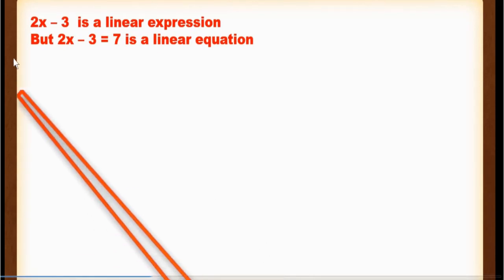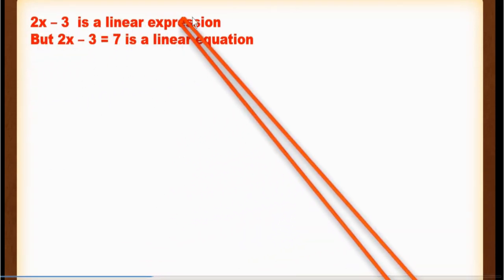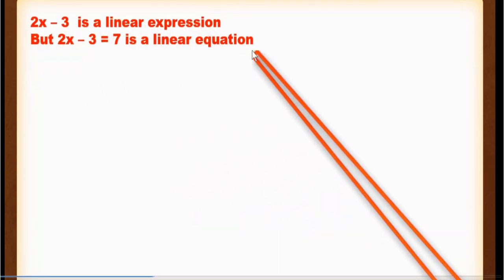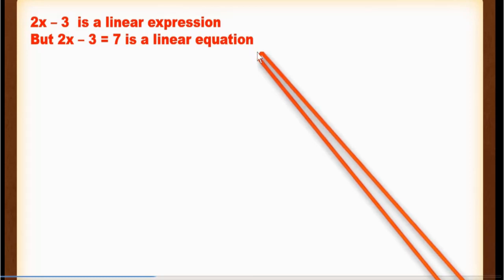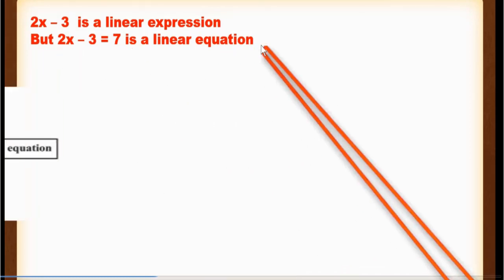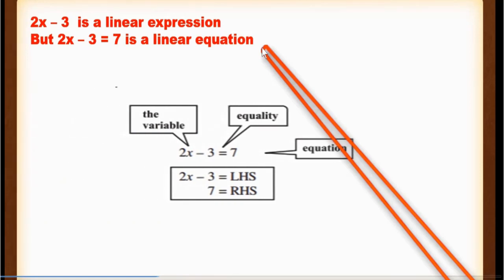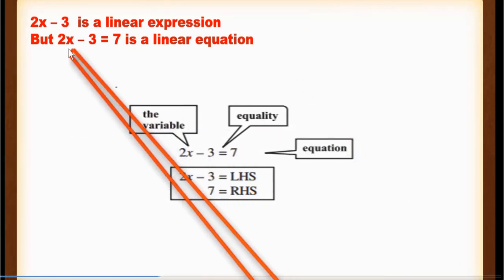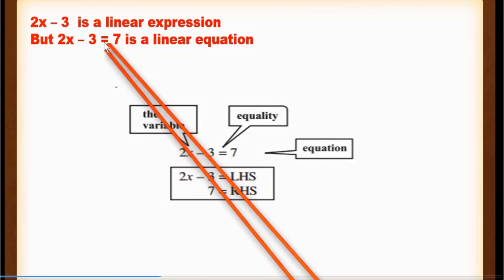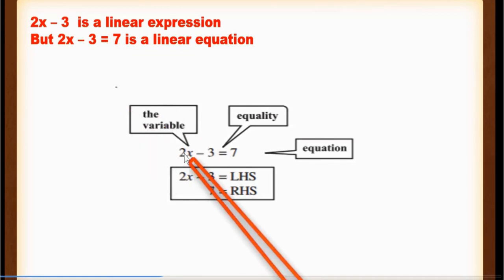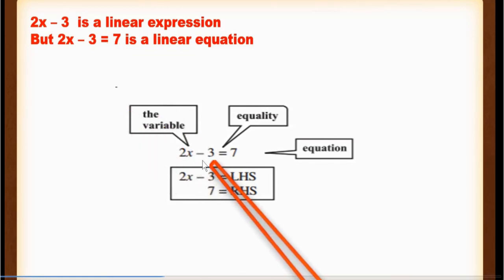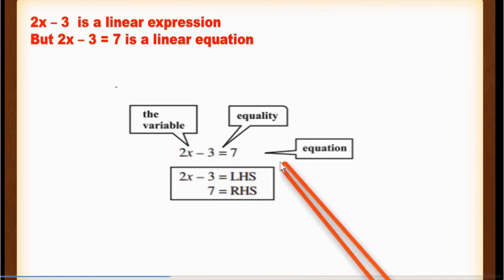Let us understand the difference between a linear expression and a linear equation. For that, we have to understand what a linear equation is. A linear equation has three parts: LHS, RHS, and an equality sign in between. In this example, 2x minus 3 is the LHS, 7 is the RHS, and in between 2x minus 3 and 7, there is an equality sign.